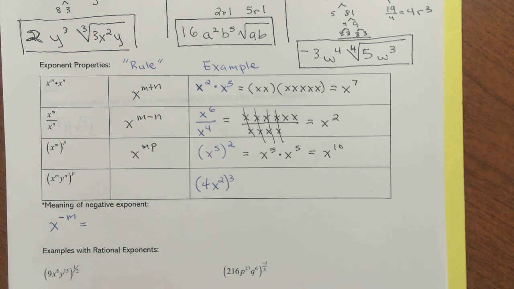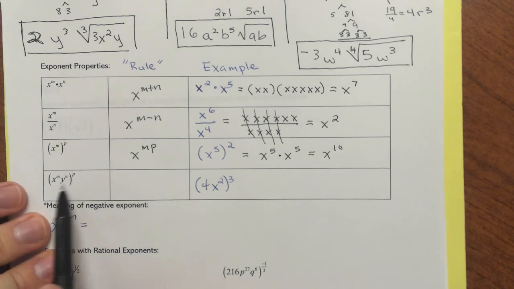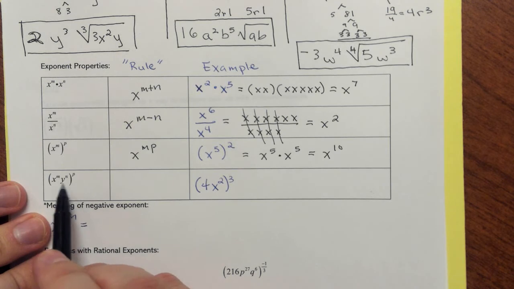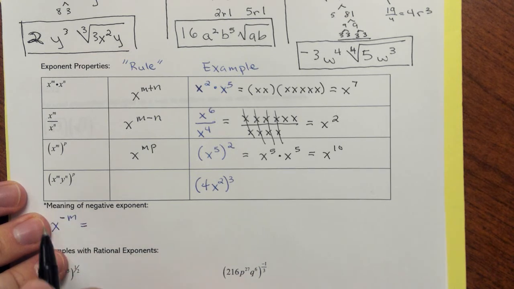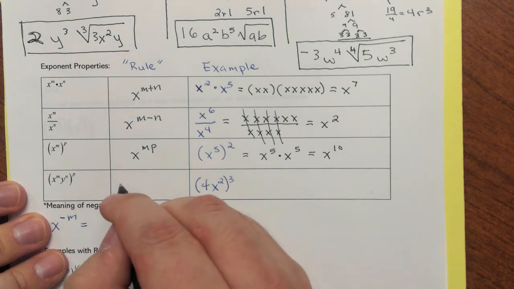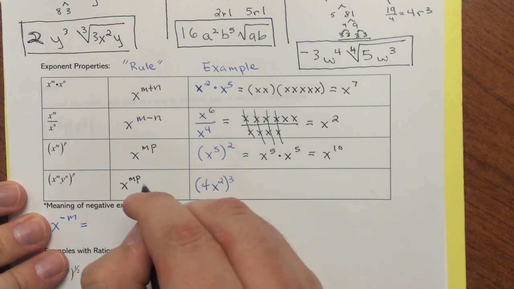And then there's this other issue of what if I take a power of some product? Well, what's going to happen here is each of these things will be raised to the p. In other words, I will take this exponent and apply it to each of the factors inside. So I will have x to the mp and y to the np.